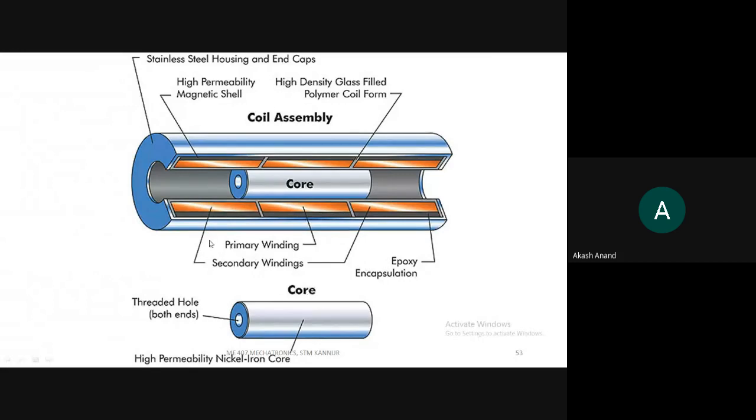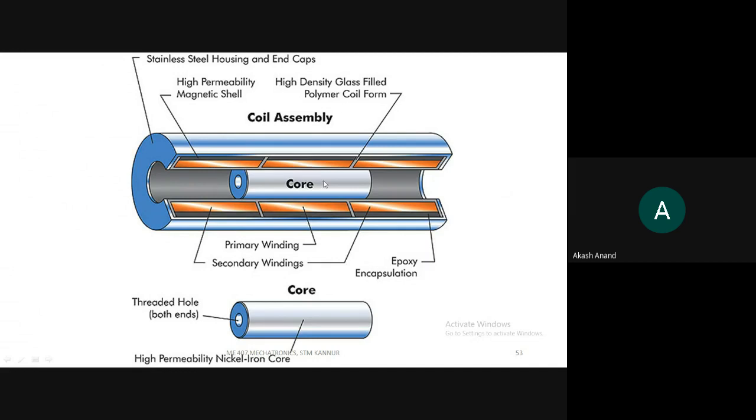If you calibrate the amount of voltage to a displacement, since this core is connected to a probe, you will get a displacement. So if the core is moved to this distance, you will get a certain amount of positive voltage, and you can measure it.